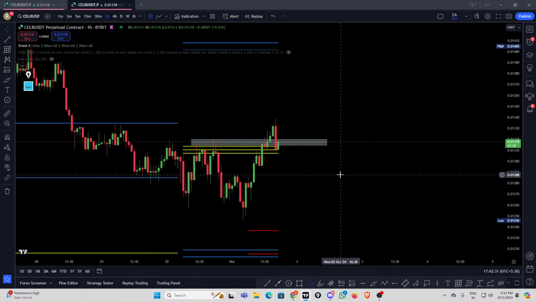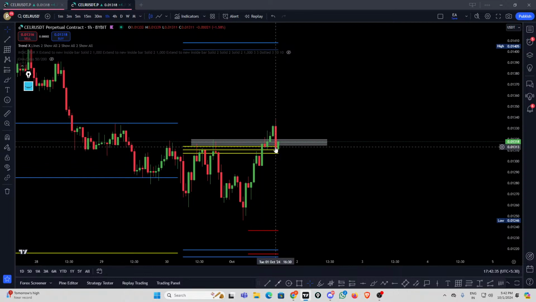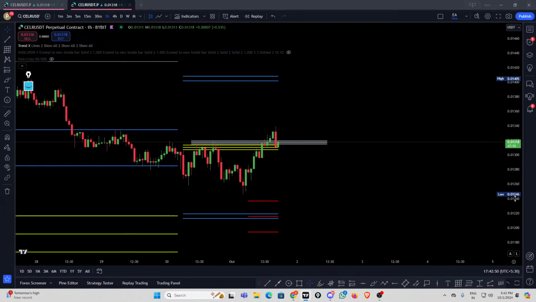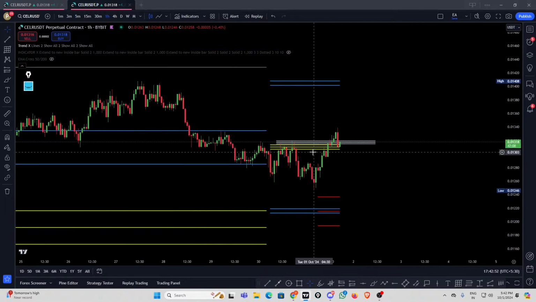It works as a strong support and resistance. So we will wait for a retracement. If it's going down, then we'll wait for a short setup. But current situation, no trading zone. Okay, just keep this in your list. We'll find a good setup in this token.